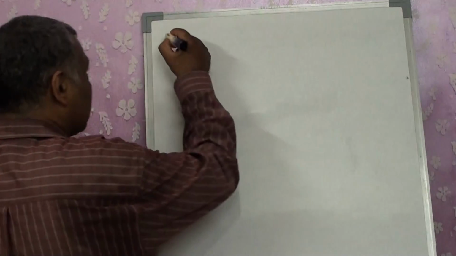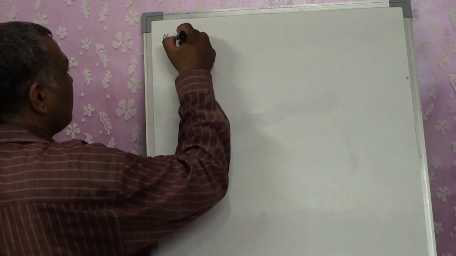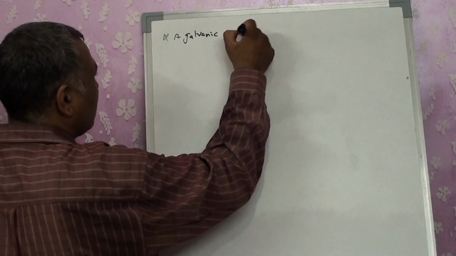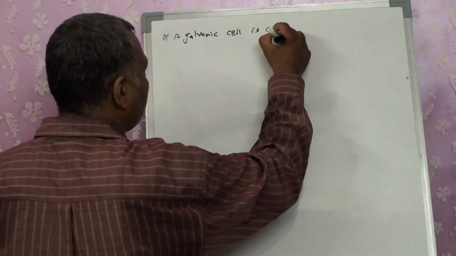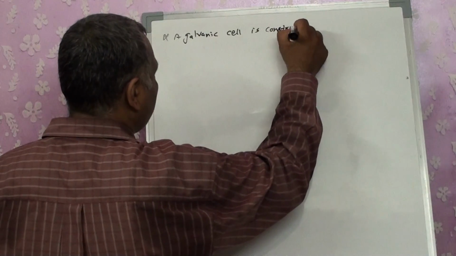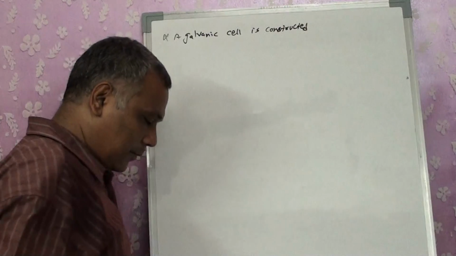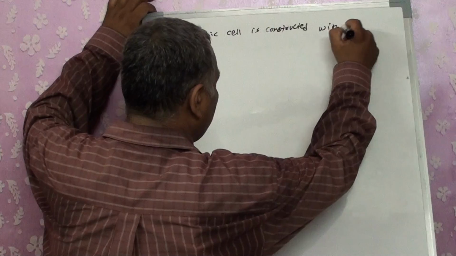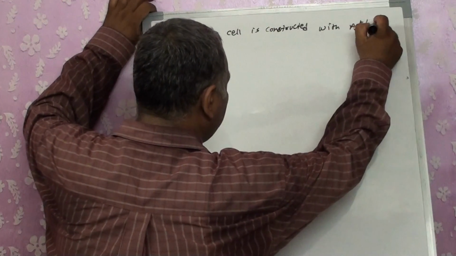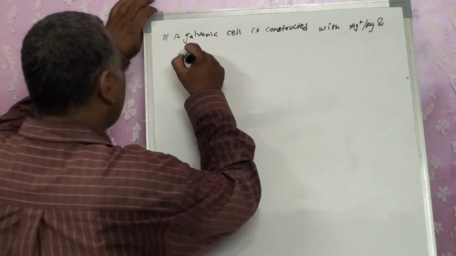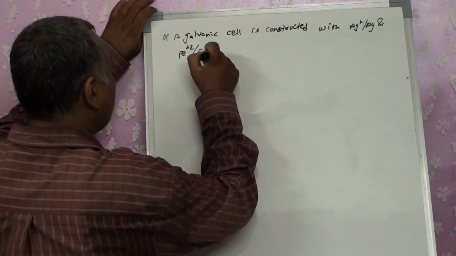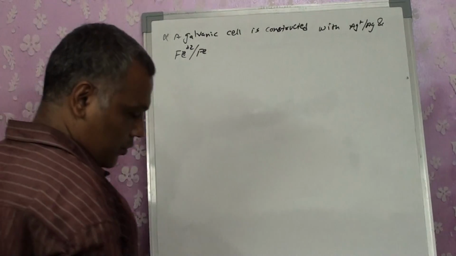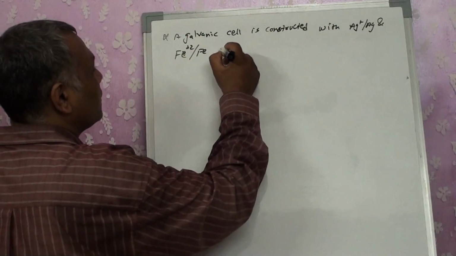A galvanic cell is constructed with Ag plus Ag and Fe plus 2 Fe electrodes.